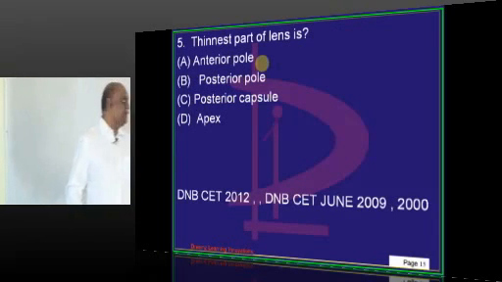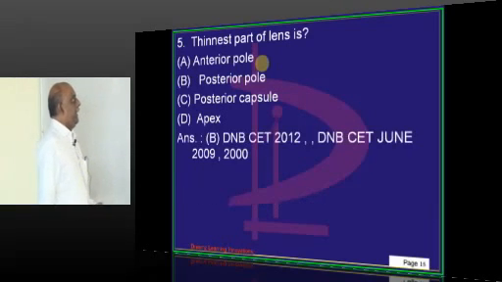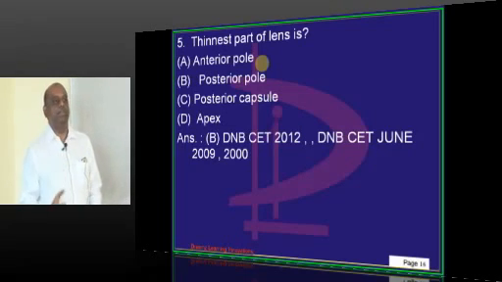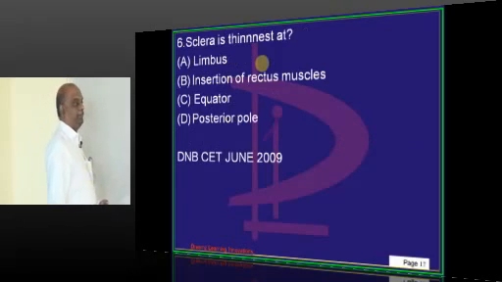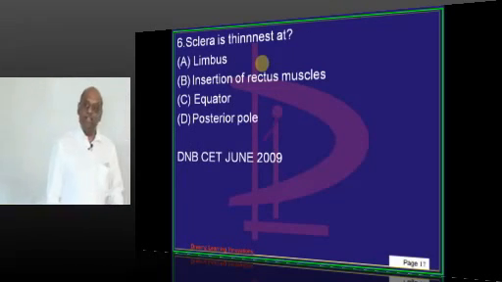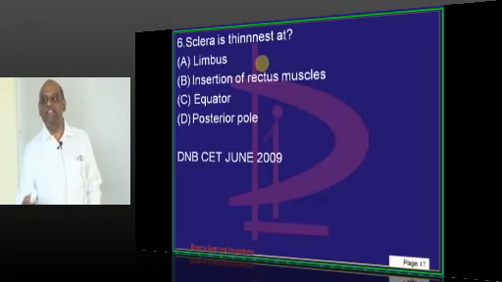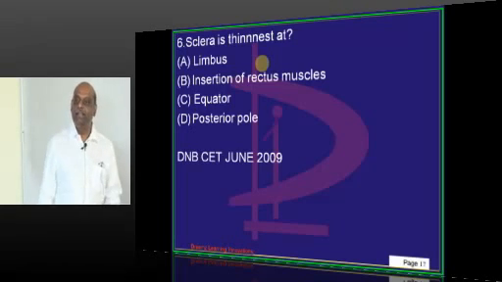Now in the lens, what is the thinnest part? It is the posterior pole of the lens which is considered to be the thinnest part, but not the anterior pole. Then obviously the examiner wants to know everywhere where the thinness is. Sclera is thinnest in which part of the entire sclera?